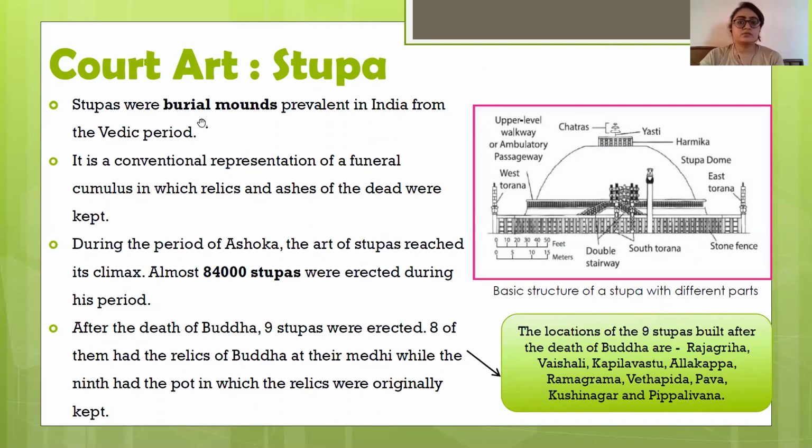Okay, so the stupas were burial mounds prevalent in India from the Vedic period. So be clear over here that stupas did not start with the Mauryan times. They were in use since the Vedic period. It is a conventional representation of a funeral tumulus in which relics and ashes of the dead were kept.